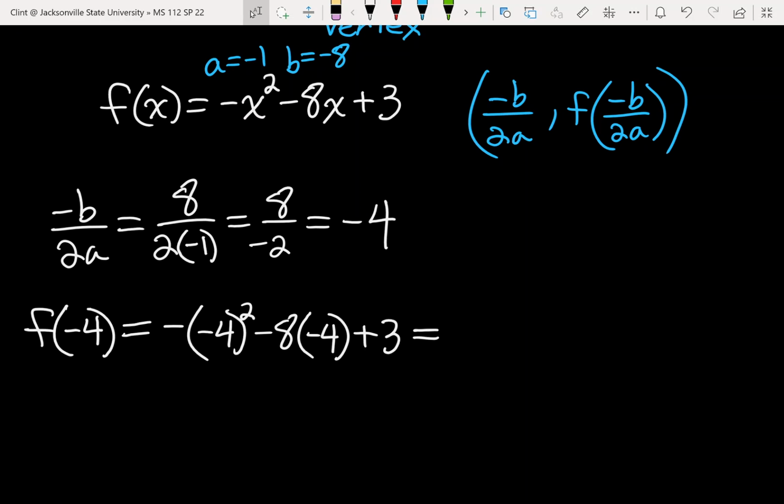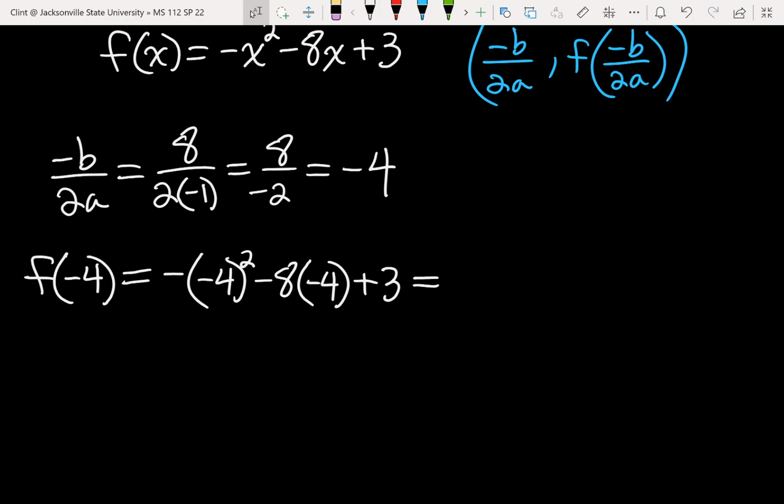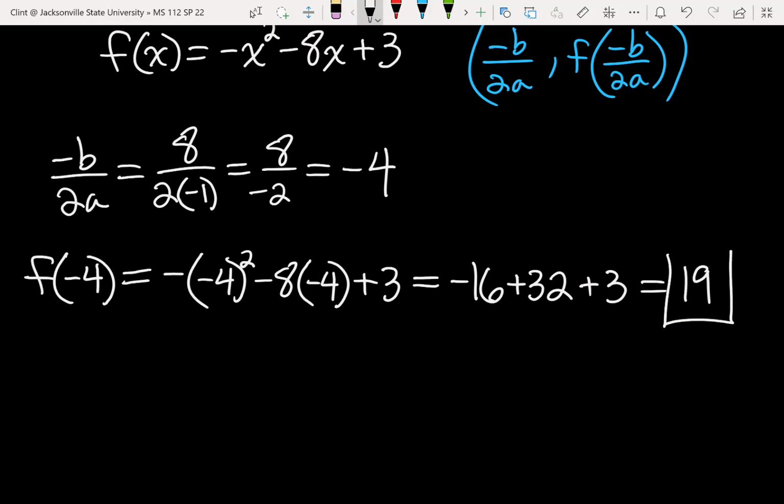You have to be a little careful with the signs on this one. It's a good idea to put parentheses when you're plugging a number in. So negative 4 squared is 16, but we've got a minus sign out in front of that, so negative 16. Negative 8 times negative 4 is positive 32. And then plus 3, so that comes out to 19.